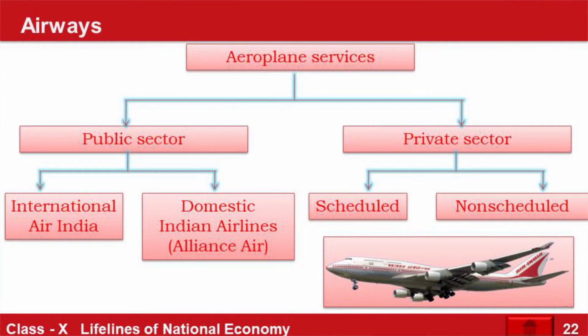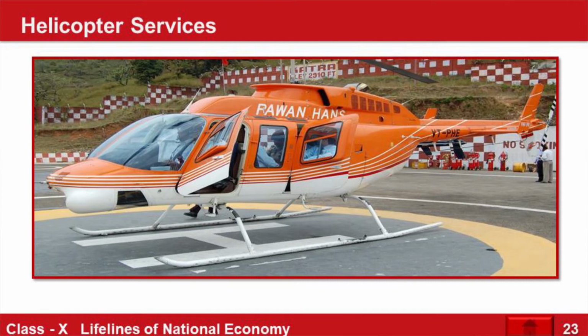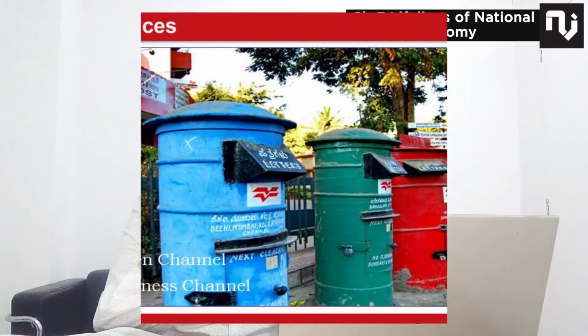And I think in the northeastern area we have helicopter services, because we have such hills and forested region to cover. We don't need airplanes, we need helicopters, which are small, for 2 people. Helicopter services by Pawan Hans with the help of ONGC have been started here, and they are helping people go from one place to another.